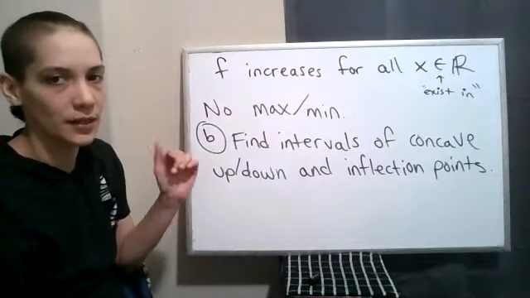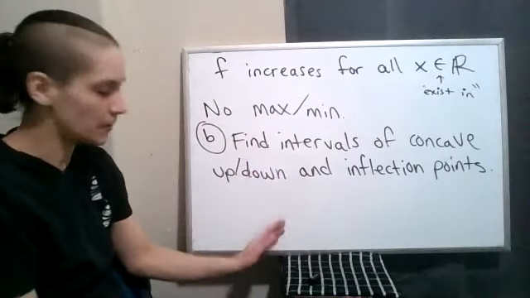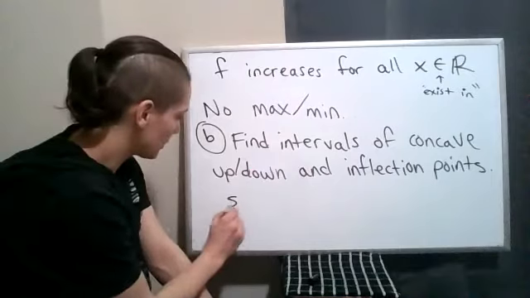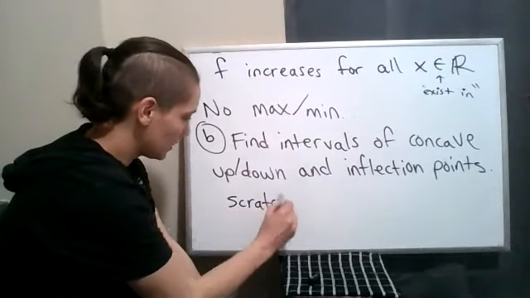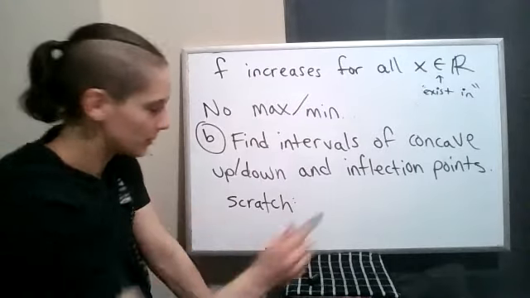We do intervals for concave up and concave down using a sign chart for f double prime. So we start out with scratch work and get those second order critical numbers.